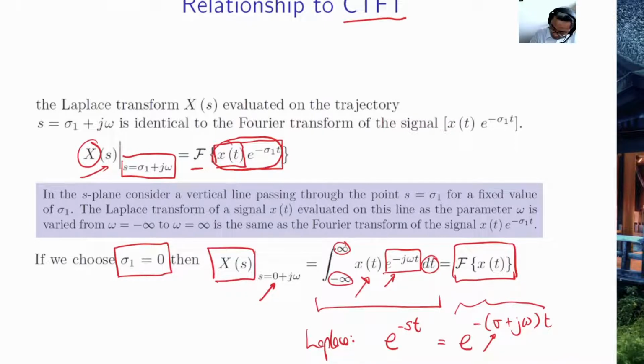One is that the Fourier transform is the Laplace transform evaluated with sigma equal to 0. The other is that we multiply the signal x(t) with whatever σ1 we are interested in, and then take the Fourier transform of it, and this is equal to the Laplace transform with s equal to this variable.